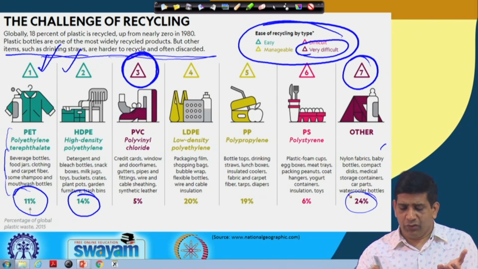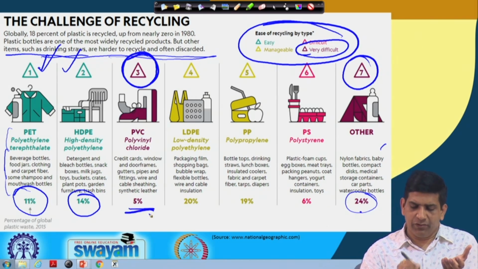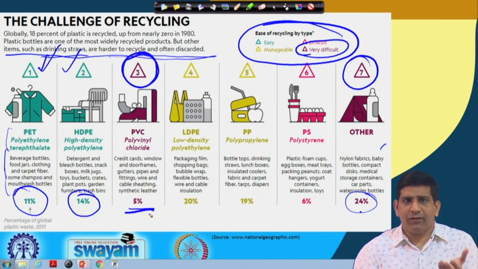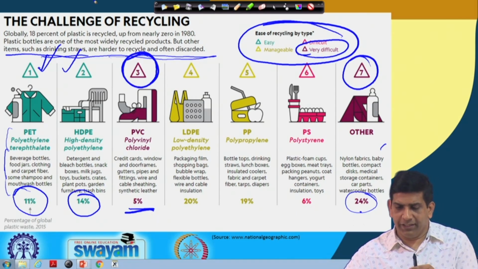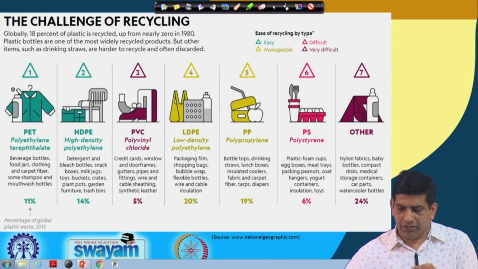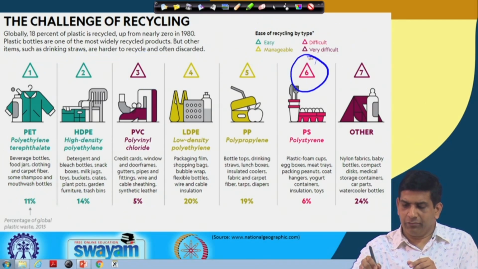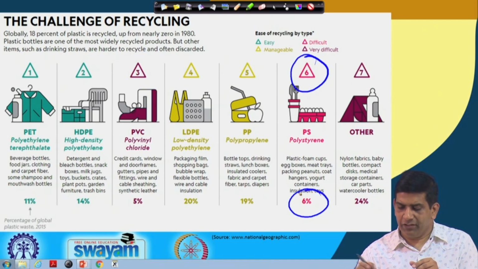So 24% and 5%, so 29%, slightly less than a third. So a third of the plastic waste really cannot be recycled. And if you include the difficult part as well, which is this pink or reddish triangle, which is 6%, so 6 plus 24 plus 5, we are looking at 29 plus 6, 35%.